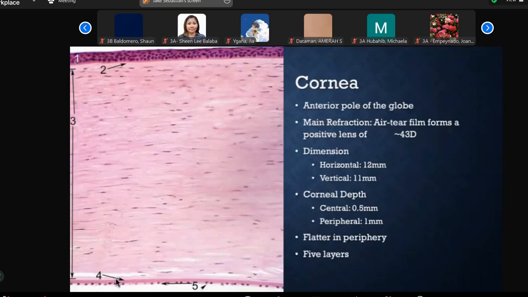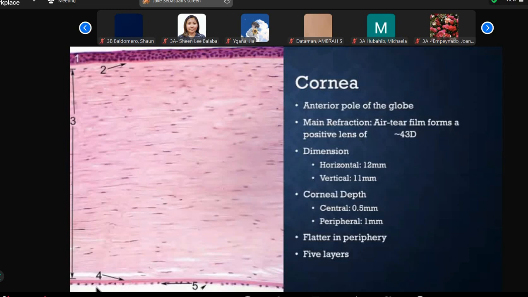And then number 4 is the Descemet layer. So the Descemet layer, or Descemet's membrane, is the basement membrane of the 5th layer, which is your endothelium. So number 4 is this like railroad track, pink, a basement membrane. It's a true basement membrane.